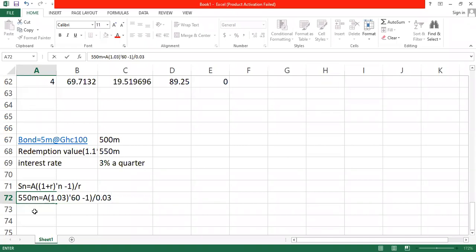Okay, so let's do it. 1.03 to the power of 60.